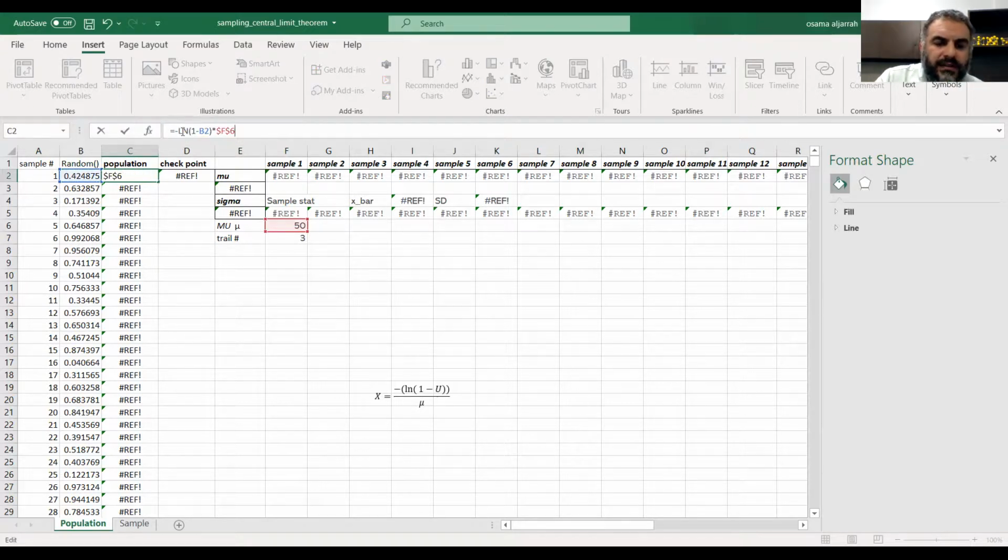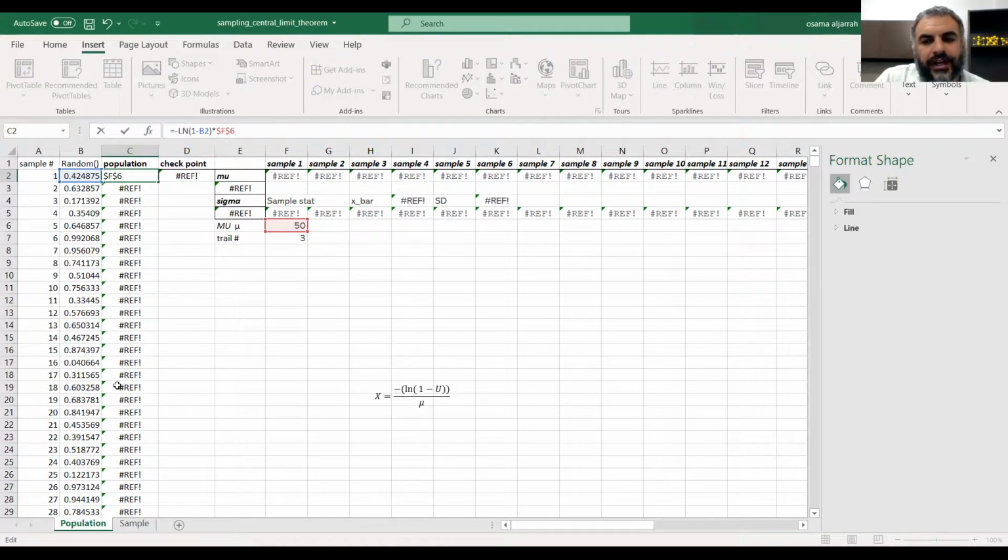So minus LN, open the parentheses, 1 minus the uniform cell, multiplied by your mu. It depends: if you are using lambda, divide by lambda; if you are using mu, multiply by mu.